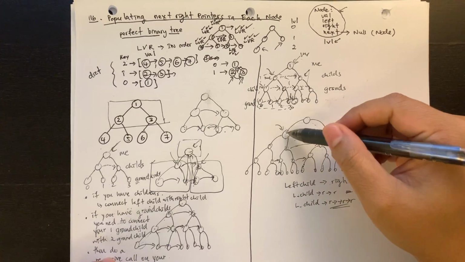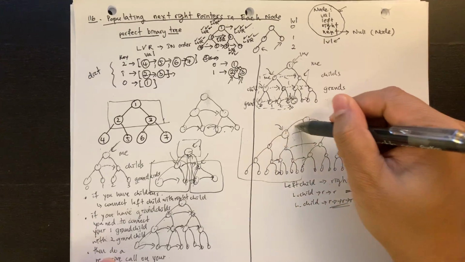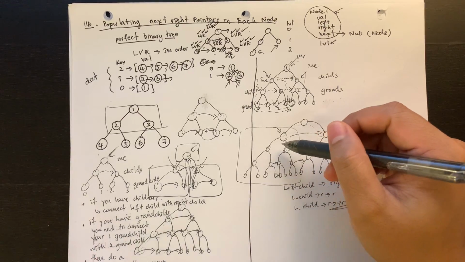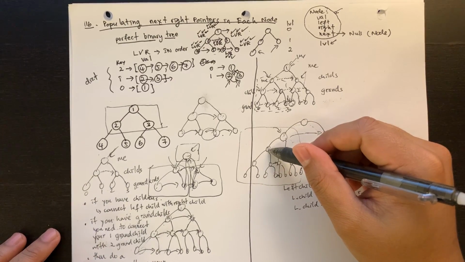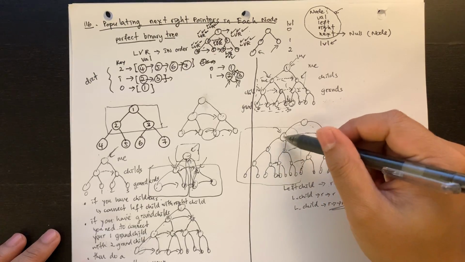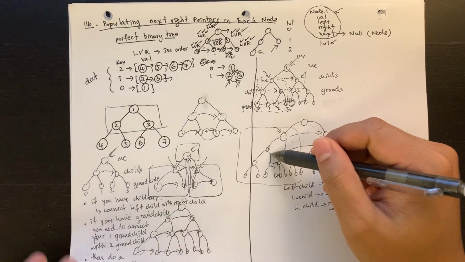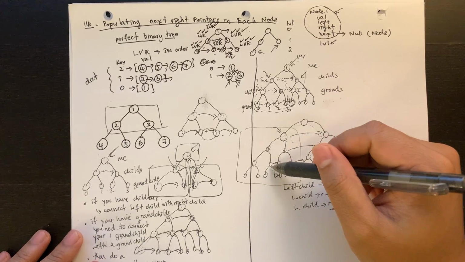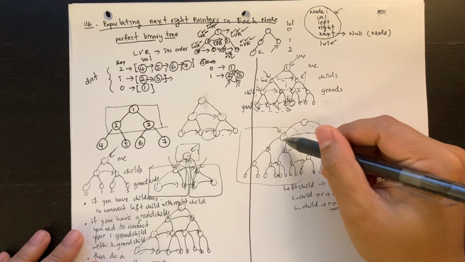So let's say our stack frame is right here. What we want to do is traverse through here, and then we look at our children and ask if he or she has any kids, and then we could go right. So this is our stack frame.